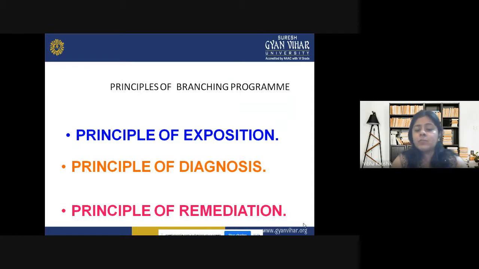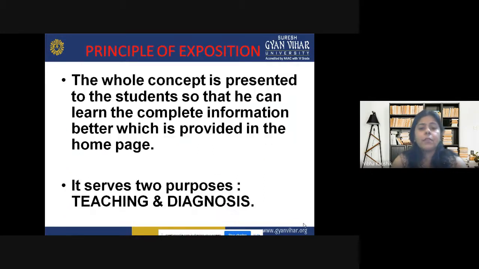The principle of exposition, the principle of diagnosis, and the principle of remediation. Now, first we will discuss the principle of exposition. The whole concept is presented to the students.